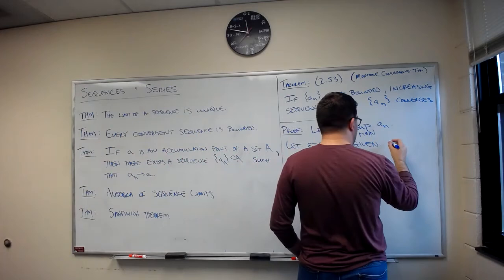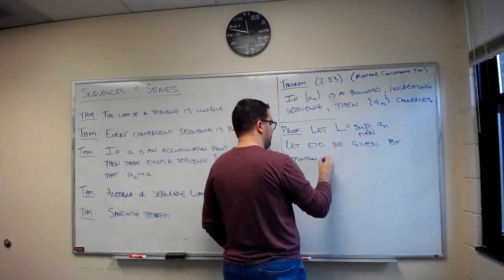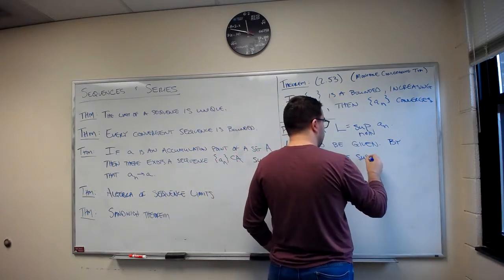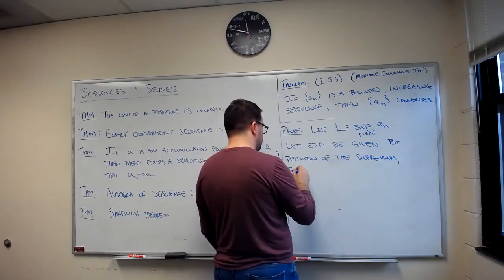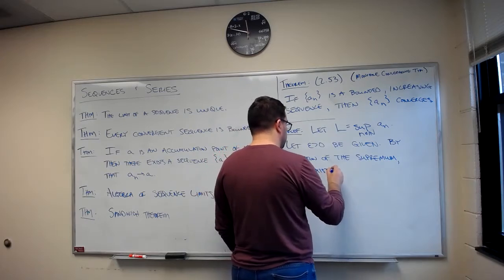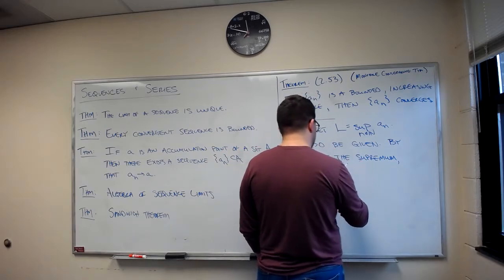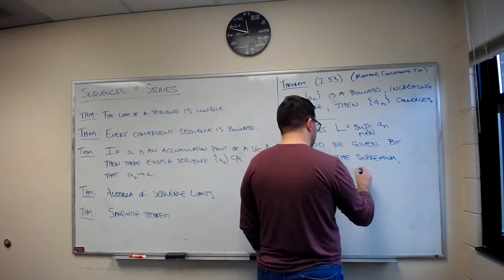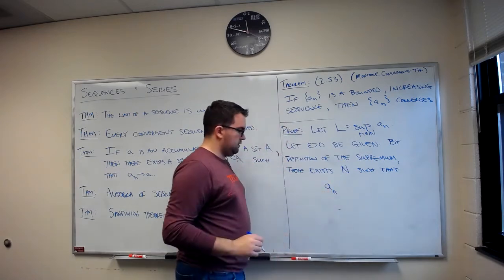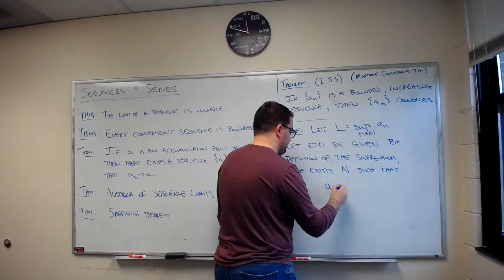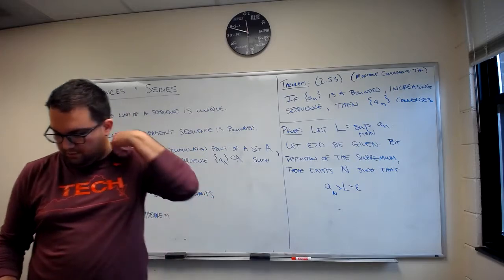Now, by the fact that L is a supremum, so by definition of the supremum, there exists a capital N such that a sub capital N is greater than L minus epsilon.